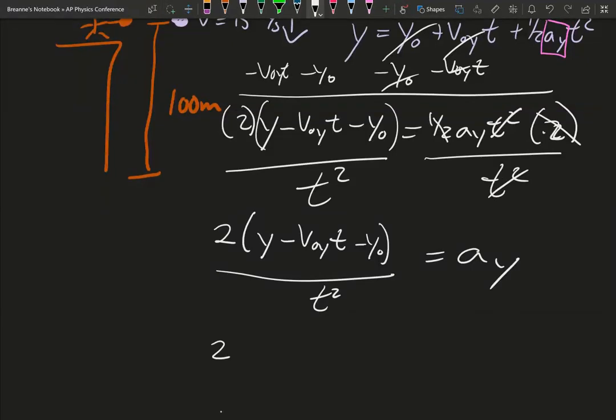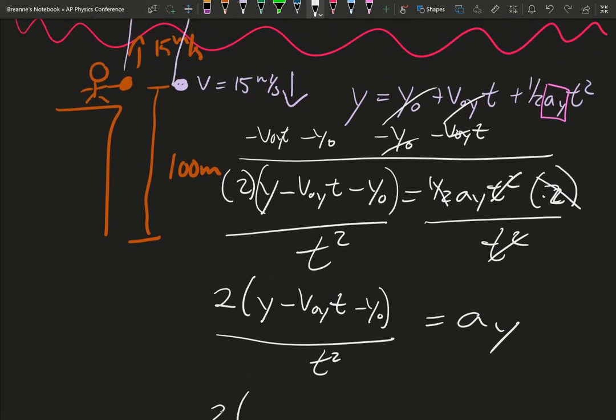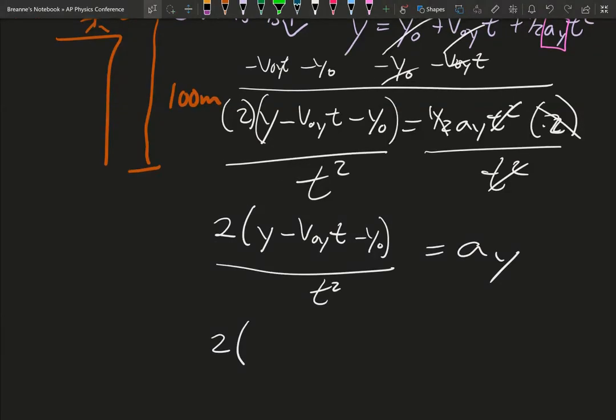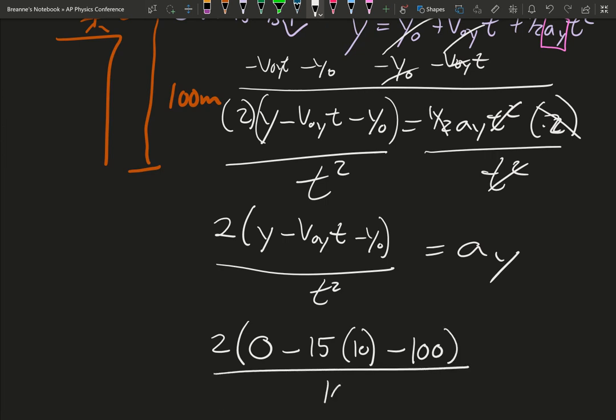So it's starting here, so it's at 100 meters, so that means our final y is 0. Our initial velocity was 15, our time was 10, and our initial position was 100. And again, our time was 10.